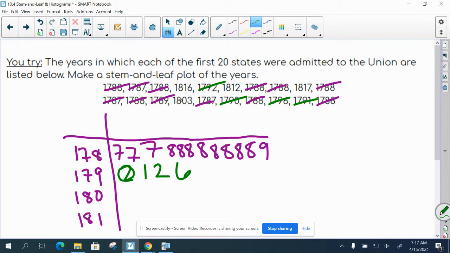We have 1803, and that's it. And then for the 1810s, we've got 12, 16, 17. So you could also find the mean, median, and mode of all of this, given that you know that there's 20, so you would count where the 10th and 11th one were for the median.